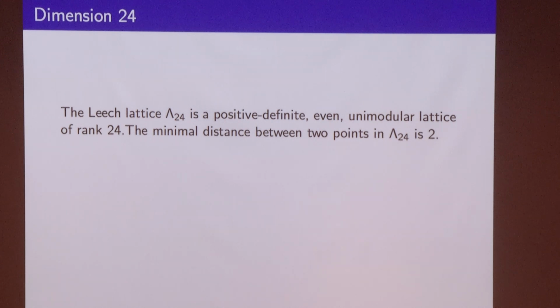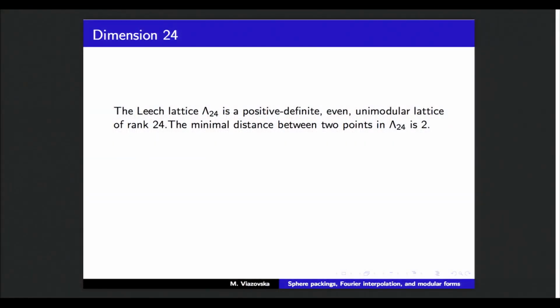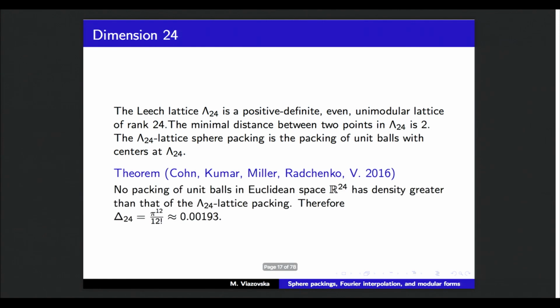But among these 24 lattices, there is only one such that the minimal distance is not square root of 2, but is equal to 2. Of course, already this condition makes it a good candidate for a sphere packing. In this case, we don't even have to rescale our lattice. We can just pack it with unit balls, with centers at this lattice.